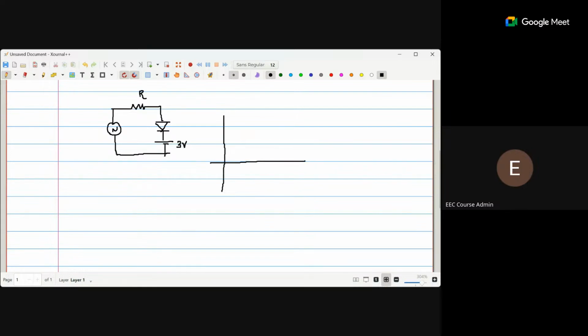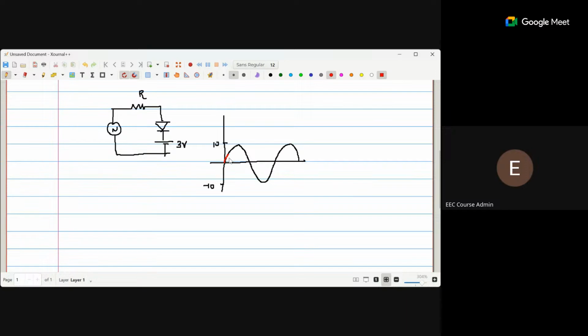Gain, peak value 10. So this will be your expected output, right?